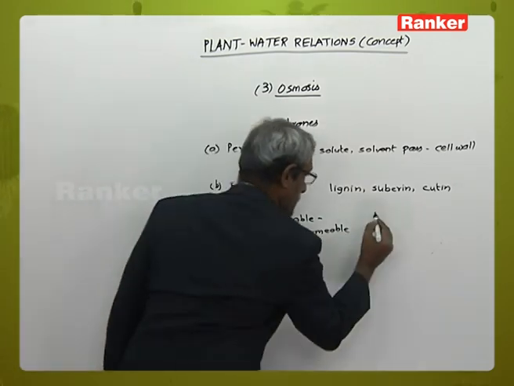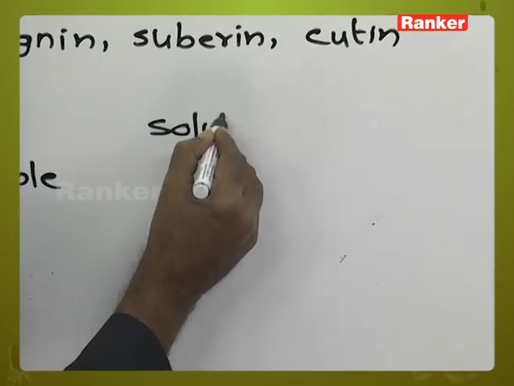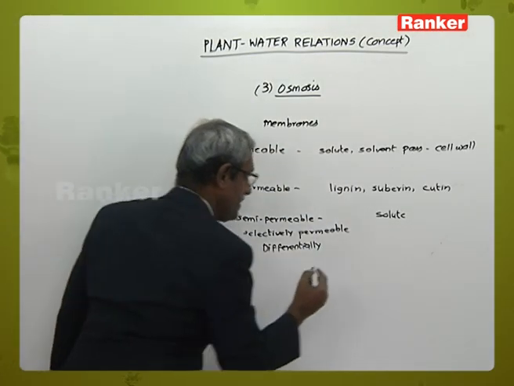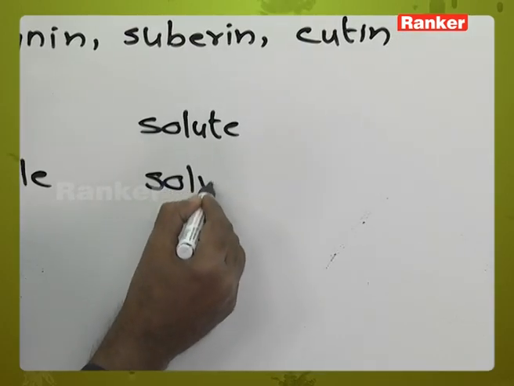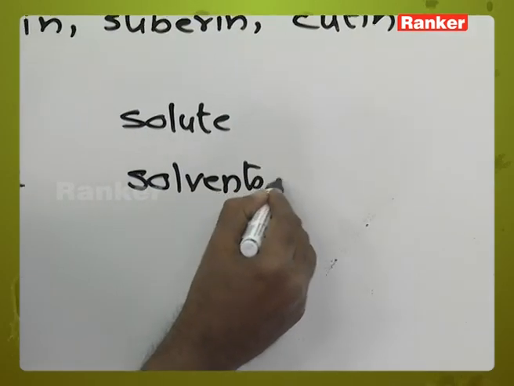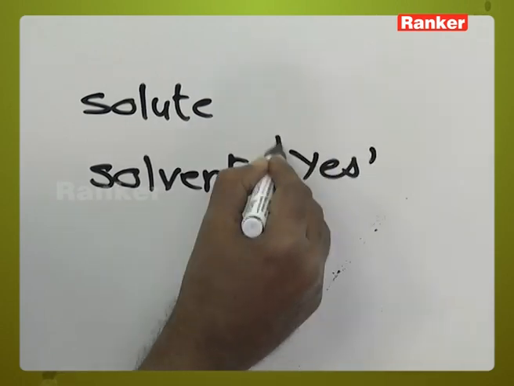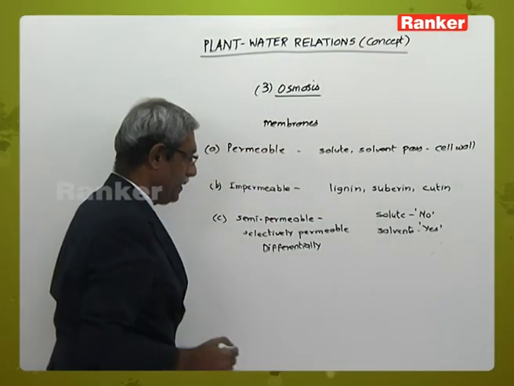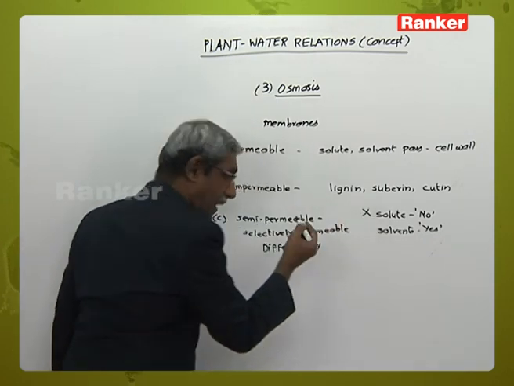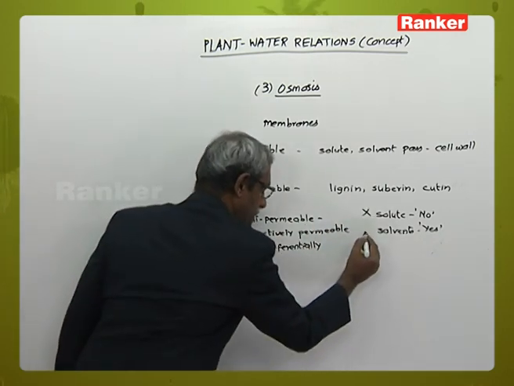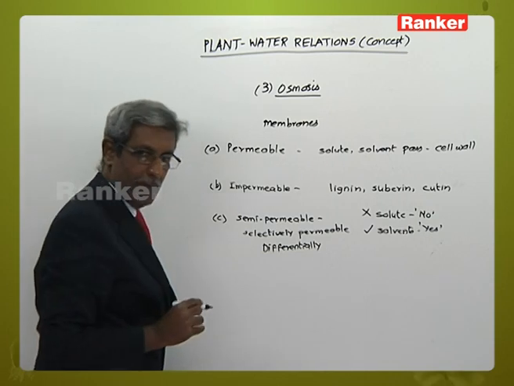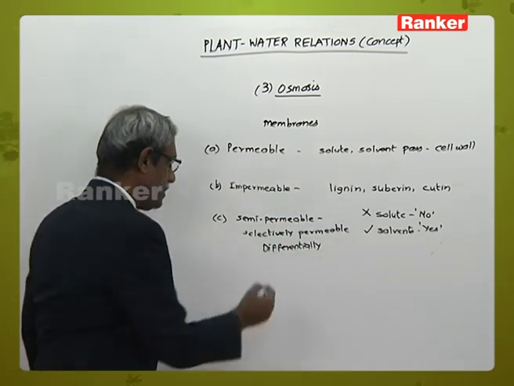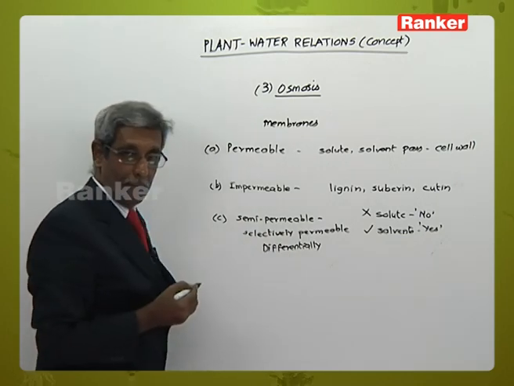They allow certain solutes, but always they allow all the solvents. So for all the solvents it is yes, for solutes it is no. They do not allow solutes. There are exceptions to this, but mostly they allow all the solvents. So any membrane which allows all the solvents to move through this is termed as selectively permeable membrane.